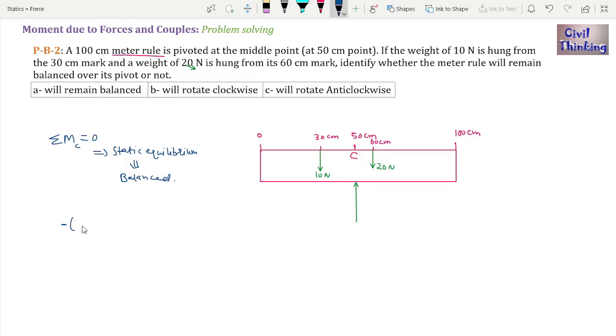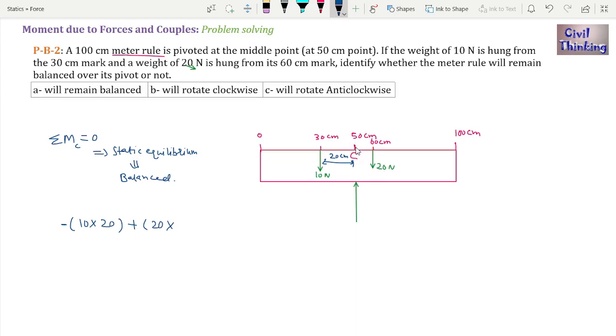So minus 10 multiplied by, how far is 10 Newton from C? Here is the 30 centimeter mark, here is 50 centimeter, so 50 minus 30 is 20 centimeter. So it is 20. Now due to 20 Newton, what is the moment at C? Due to 20 Newton, the moment will be clockwise, so it will be positive: plus 20 Newton multiplied by, how far is 20 Newton from C?